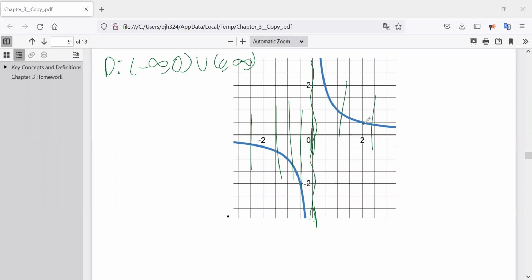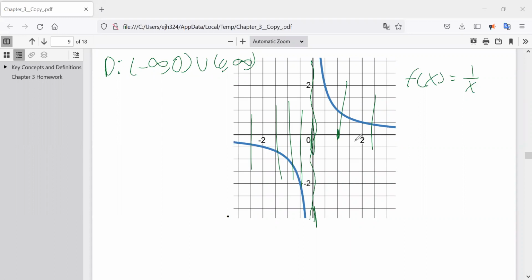So this right here is the function f of x equals 1 over x, right? It's a little bit weird because every 2 markers is 1 value.